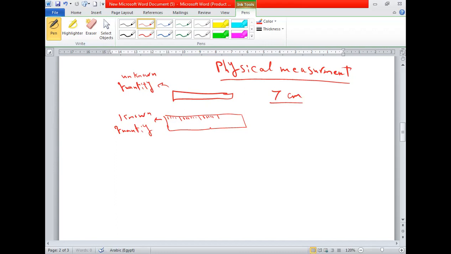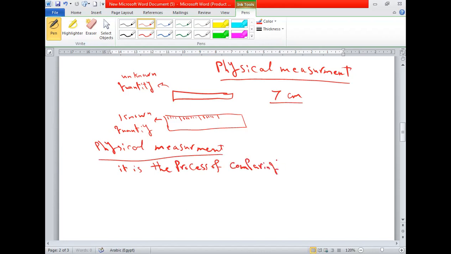This is physical measurement. So physical measurement, we can define it as the process of comparing.